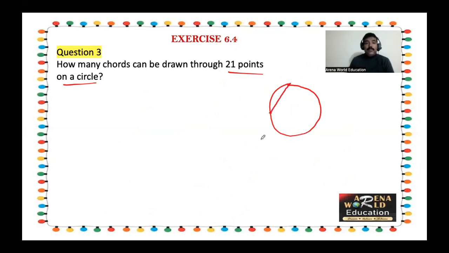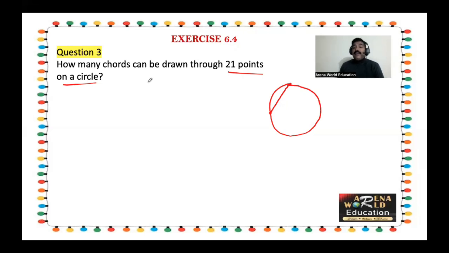So to draw a chord, we need 2 points on the circumference. If we read this question carefully, we have 21 points, and if we join any 2 points, we can make a chord.